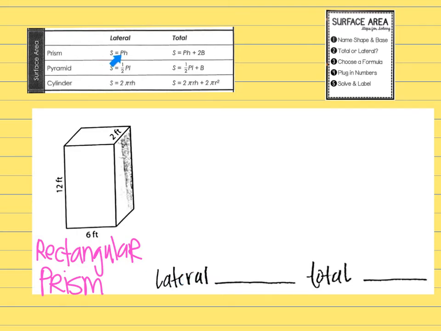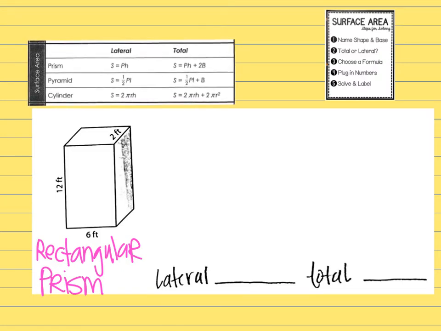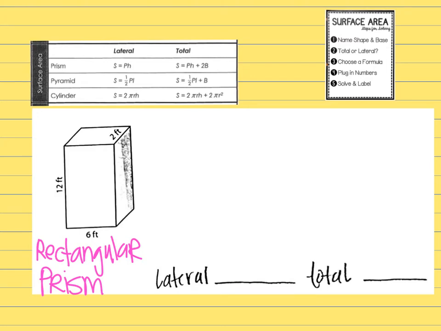When you look at the formula, P stands for perimeter of the base. So if you're in my class, we had this chart a long time ago. It's somewhere in your journal. But this capital letter P, if you can flip back and find it, you can add it there or just on your sheet.